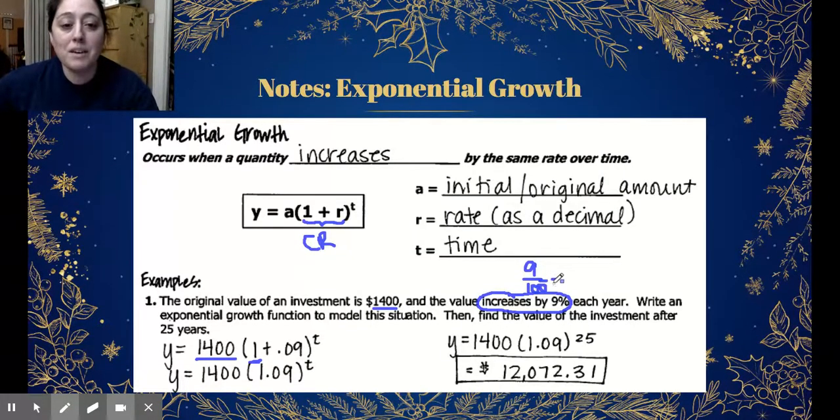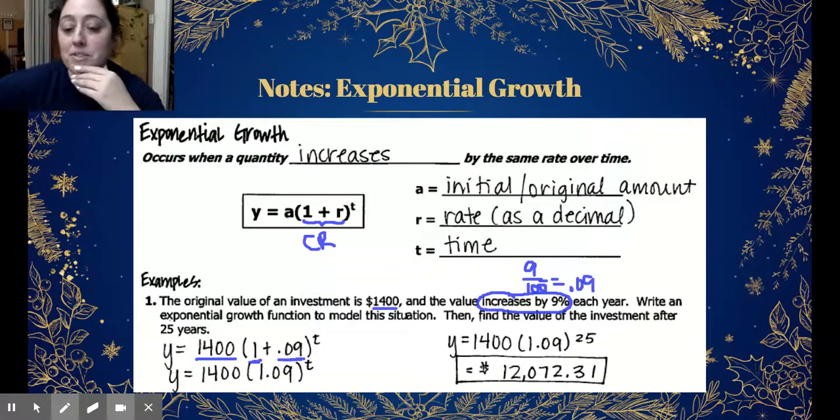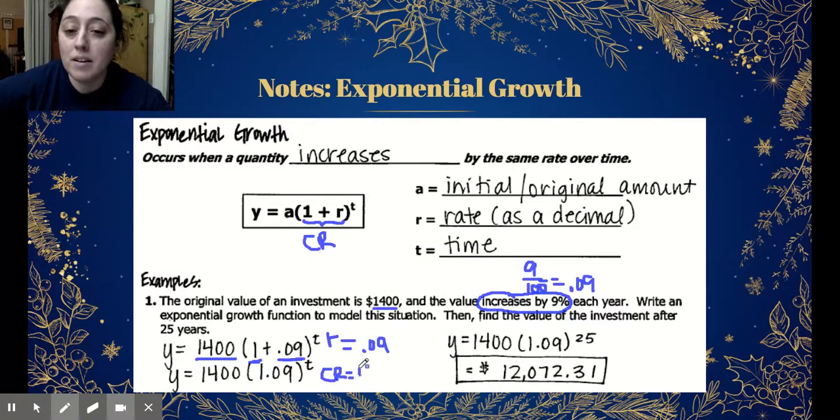So that would give you 0.09, and this decimal version is representing that 9%. So your rate here is 9% or 0.09, and your common ratio is 1.09.